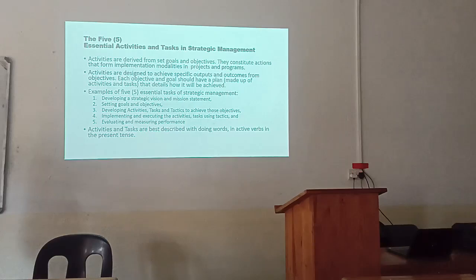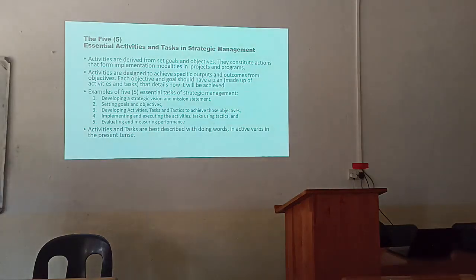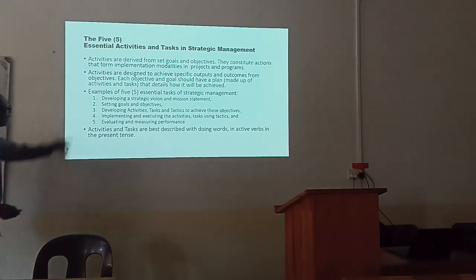Now you know what outputs are, isn't it? The number or frequency of things that you are doing. Outcomes are the quality of what you want to get, okay? Then outputs and outcomes come from objectives. Each objective and goal should have a plan made up of activities and tasks that detail how it will be achieved.